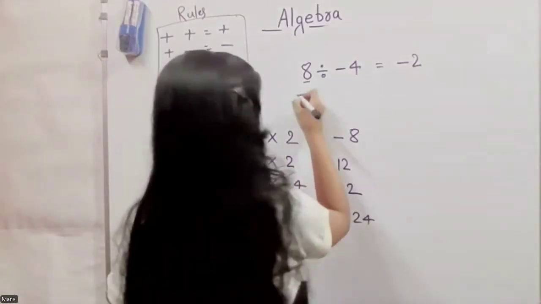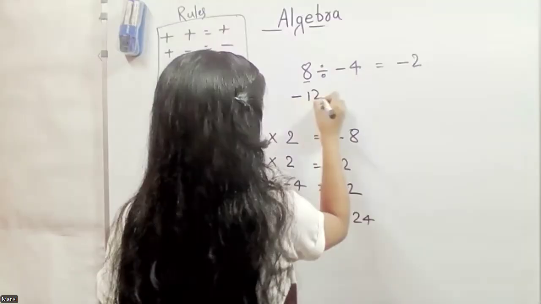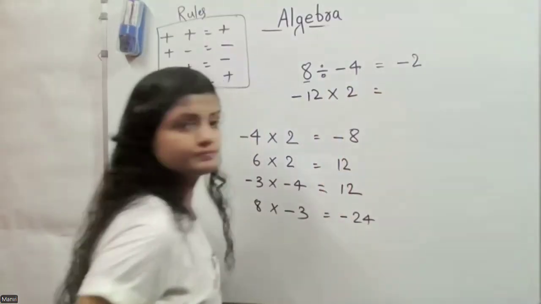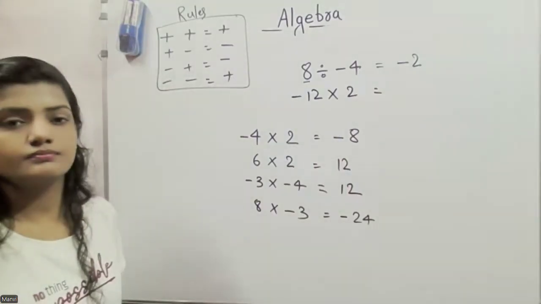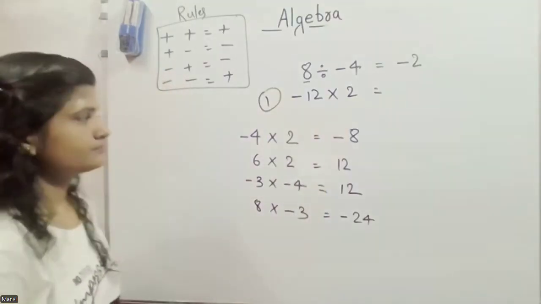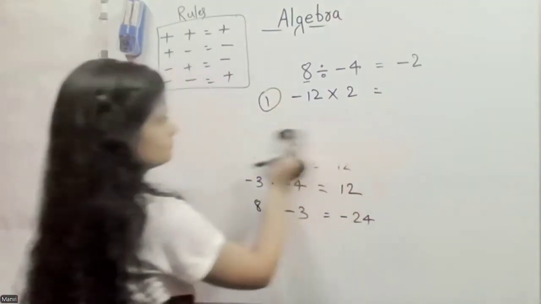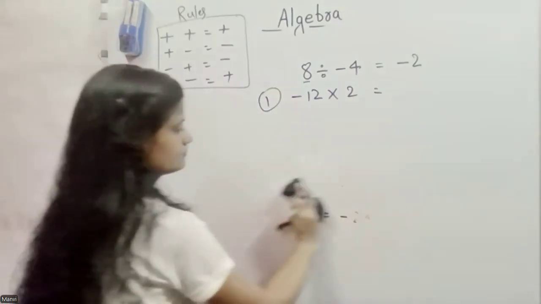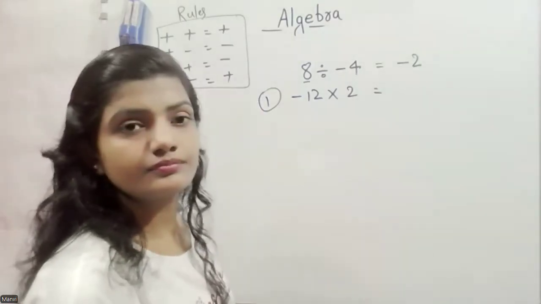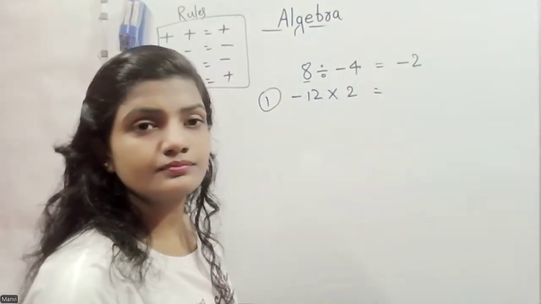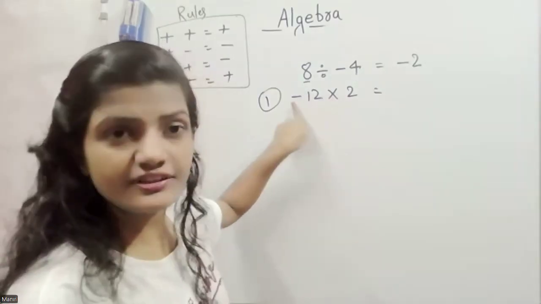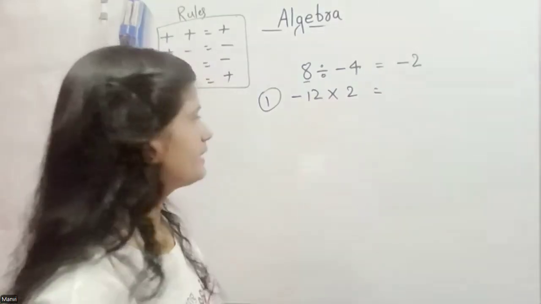Now tell me, what should be the answer for this? Minus 12 times 2. Will it be minus 24? Why minus? Because we have different signs. Okay.